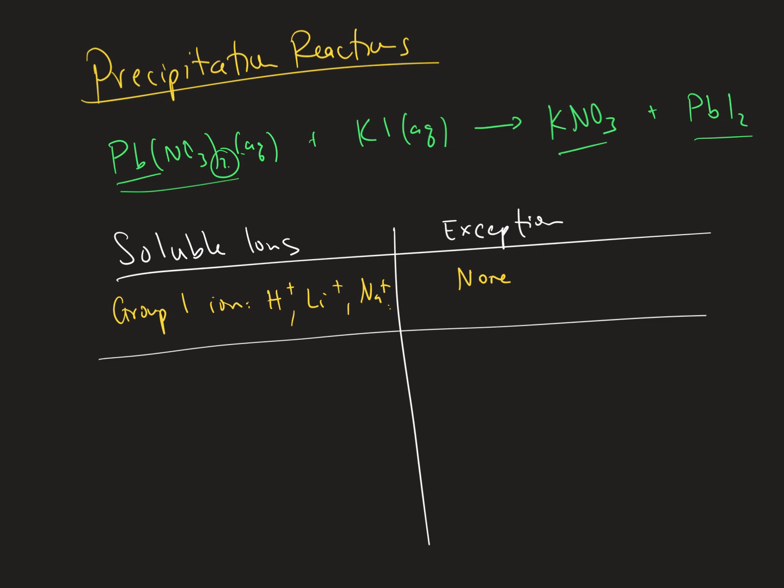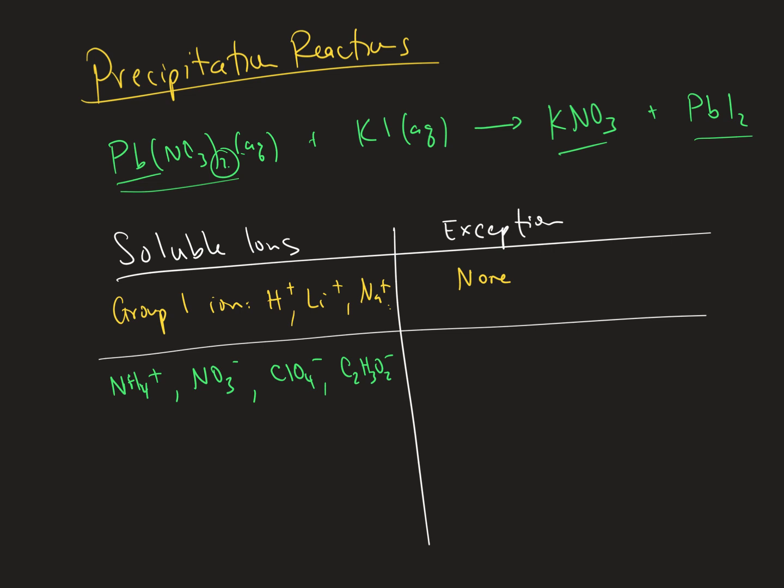And then we have a few polyatomic ions. NH4+ is ammonium, and it is soluble. Nitrates are soluble. Perchlorates are soluble, ClO4-. Acetates, C2H3O2-. And is that all?